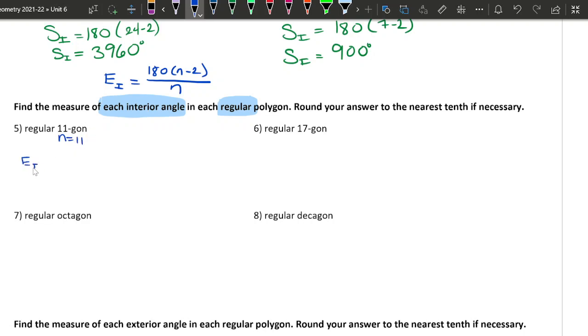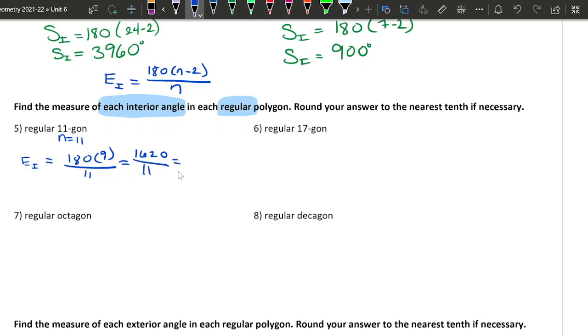So each interior angle equals 180 times n minus 2. So 11 minus 2, that's 9. Divided by n is 11. So 180 times 9, and then divide it by 11. So it's going to be 1620 on top, divided by 11 angles.